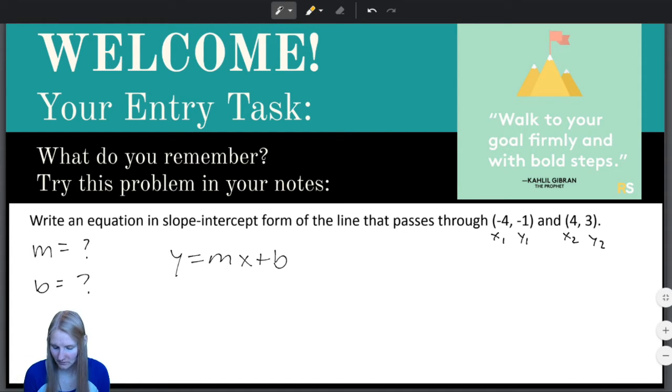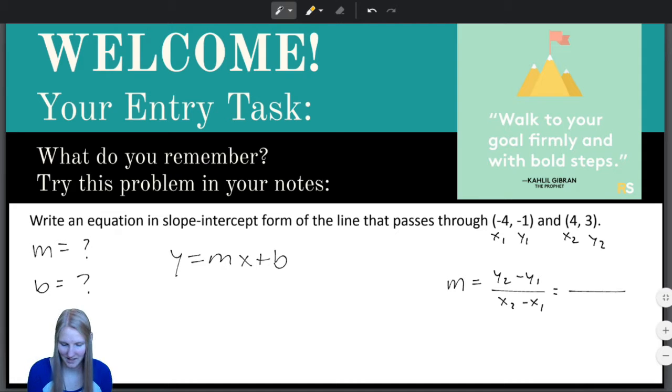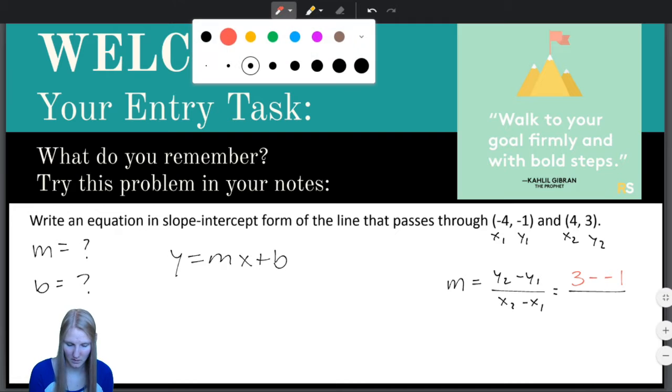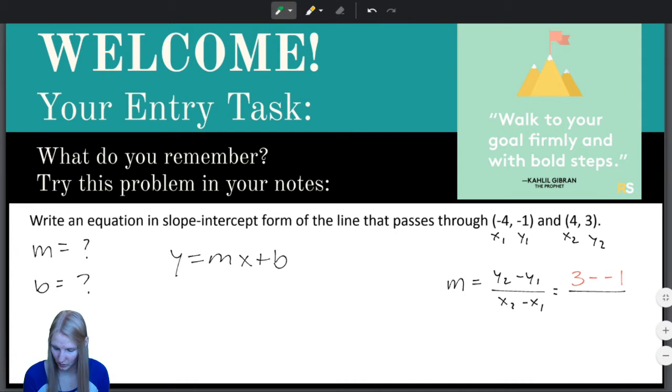So m is y2 minus y1 over x2 minus x1. We're talking about y. y2 is 3 minus y1 is -1. Okay, now x2, 4 minus x1, -4.